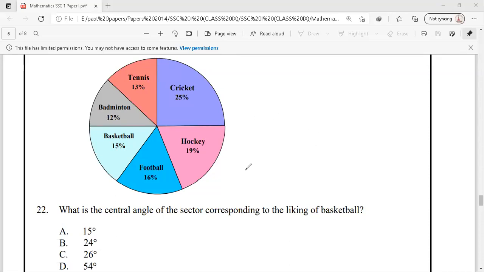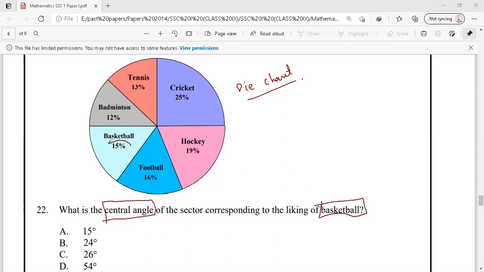In question number 22, we have a pie chart, and in this pie chart we have different sports liked by different persons. In question number 22 we have to find the central angle of the persons that like basketball.